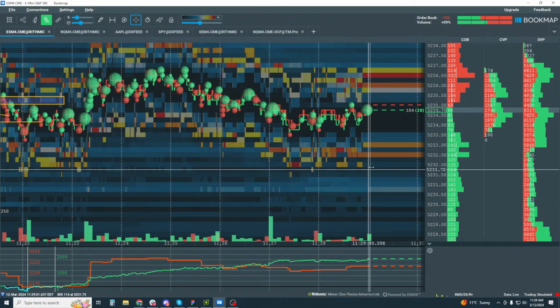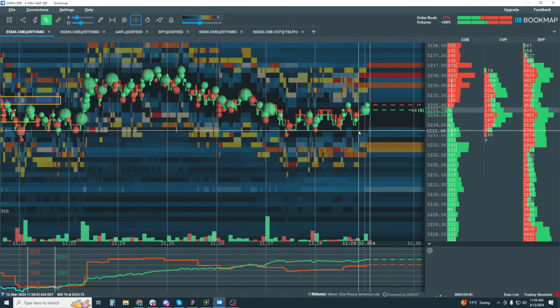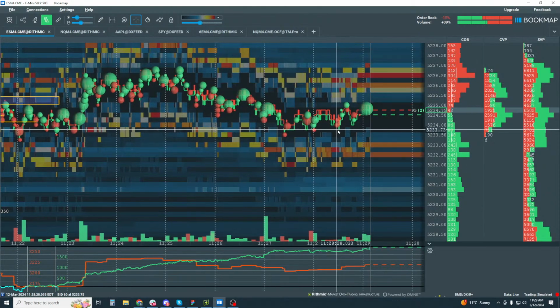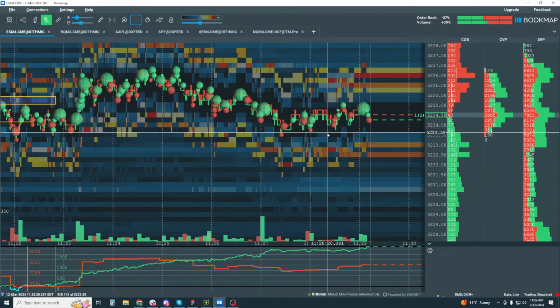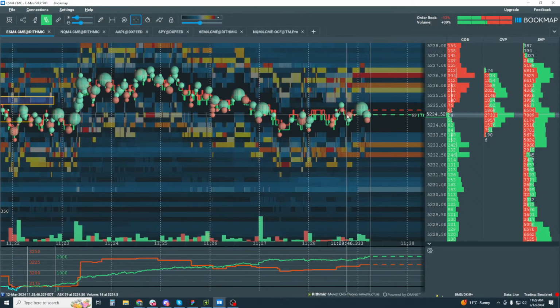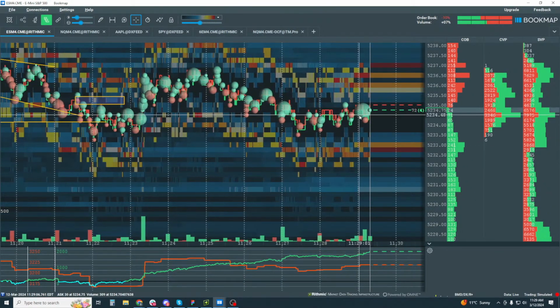Looking better, looking more likely now. There's some exhaustion here, no selling here. And our buying cluster up here. Again, this is what we're looking for, and this is the setup.